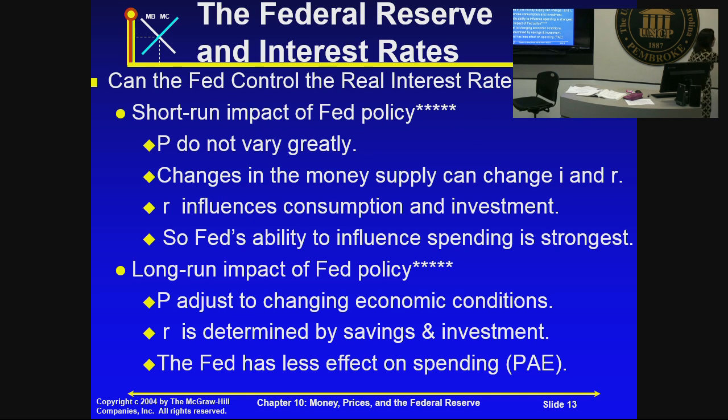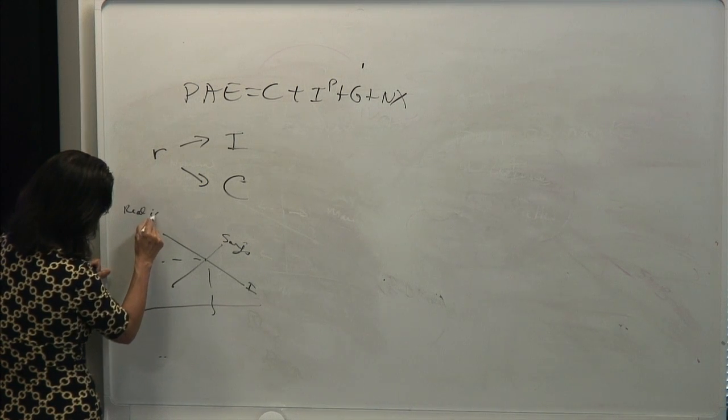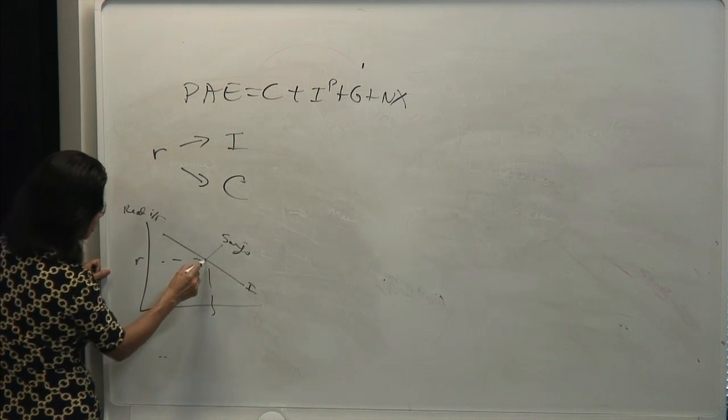But in the long run, we say that P does not change, but in the long run we could change the P. And your r is determined by savings and investment. Remember that previous chapter about savings? This is your investment function, this is the savings function, and this is little r, which is the real interest rate. So don't get the two diagrams mixed up.